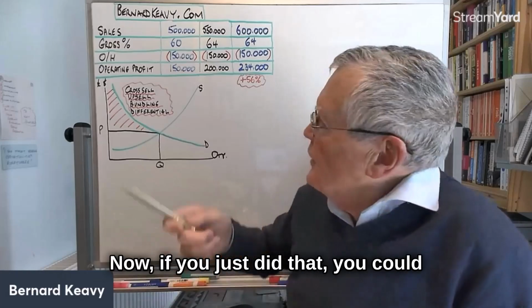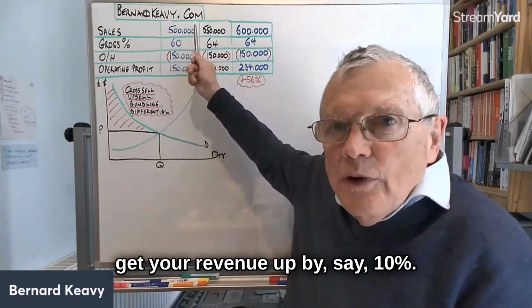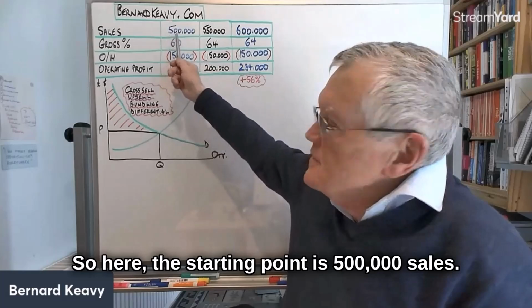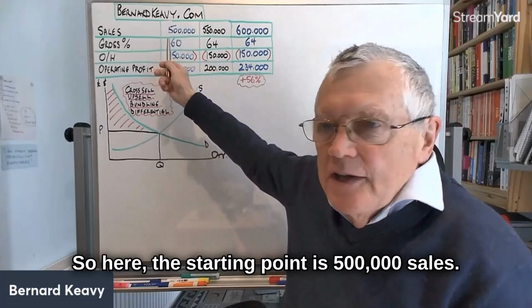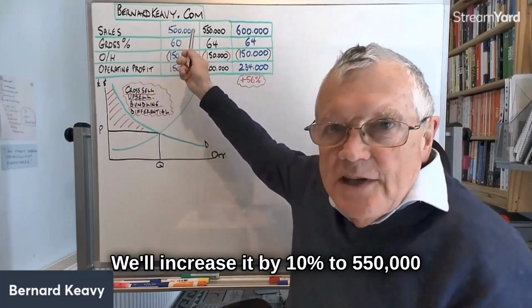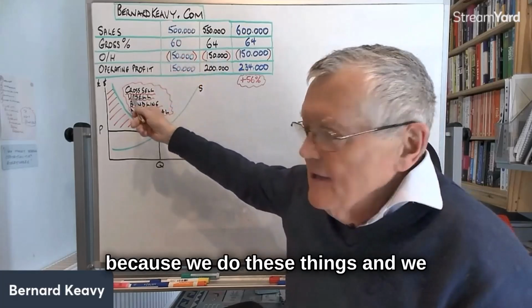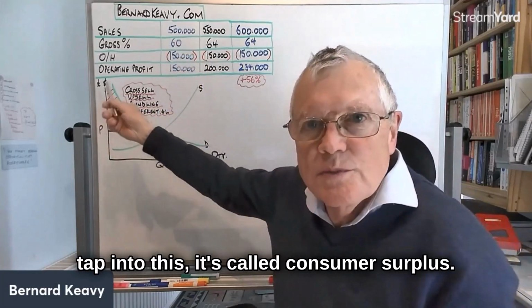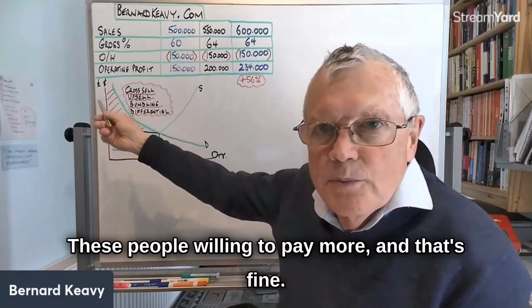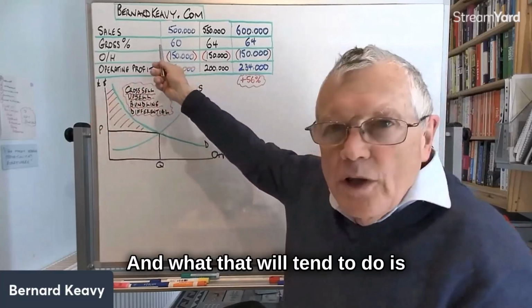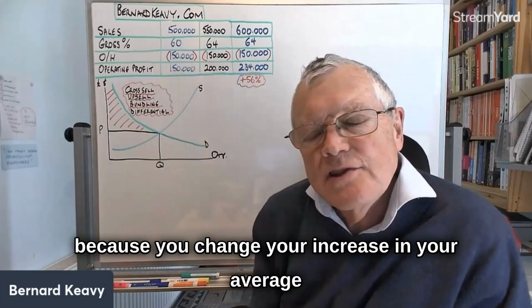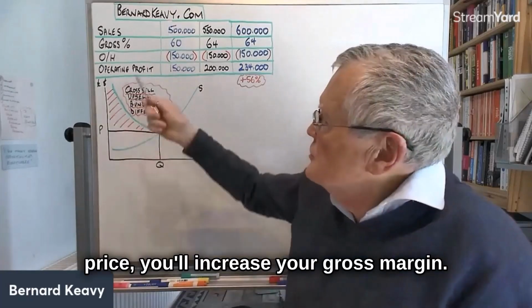Now, if you just did that, you could get your revenue up by, say, 10%. So here, the starting point is 500,000 in sales. We'll increase it by 10% to 550,000 because we do these things and we tap into what's called consumer surplus, these people willing to pay more. And because you're increasing your average price, you'll increase your gross margin.